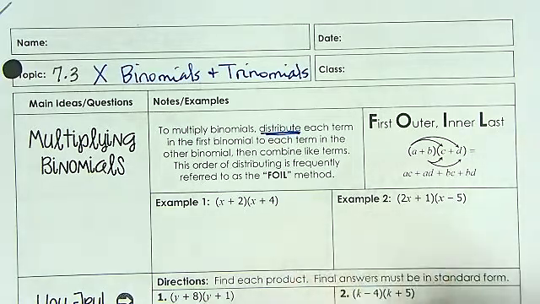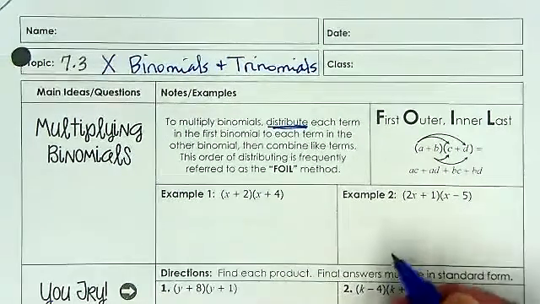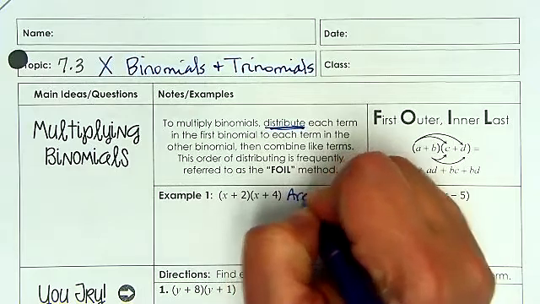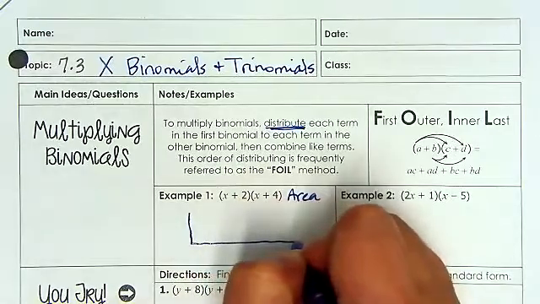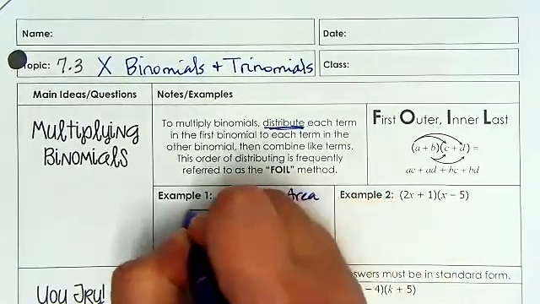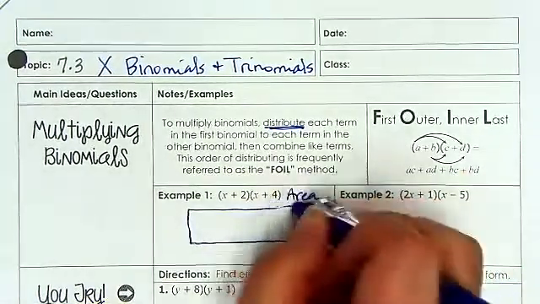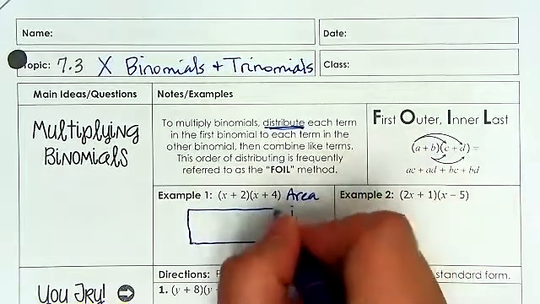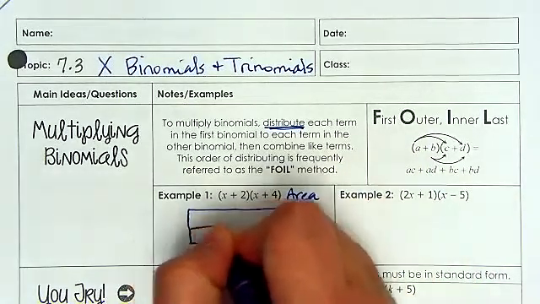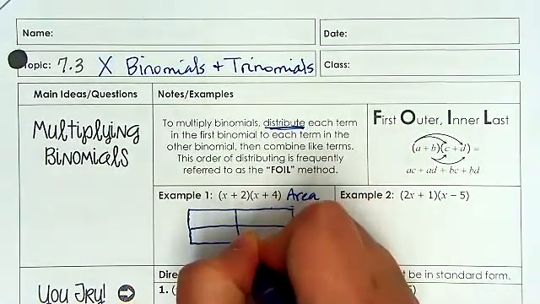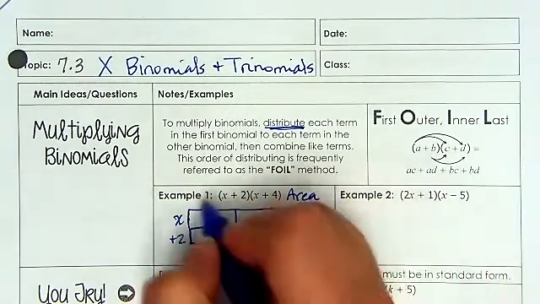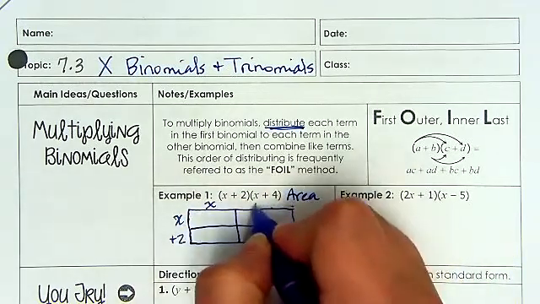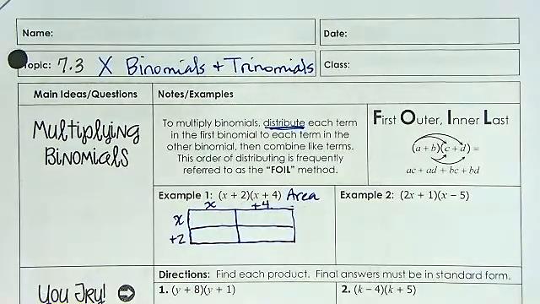So here we go. We're going to multiply with the two different methods. I'm going to do the area method here again, which is where we set up the rectangle. So we have x and then plus 2 along the side, and then we have x and then plus 4 here.